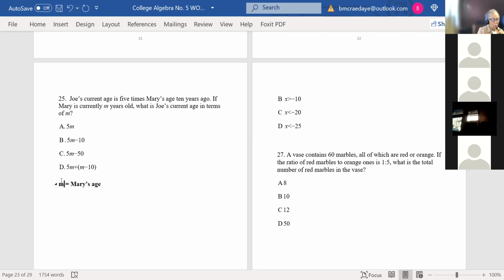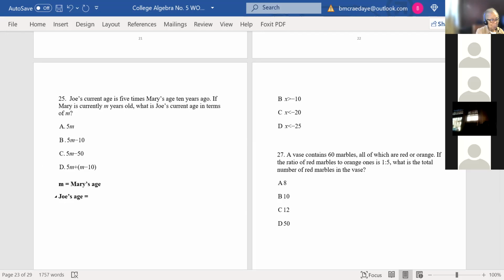How would you write Joe's age? How would you translate the words to the math?